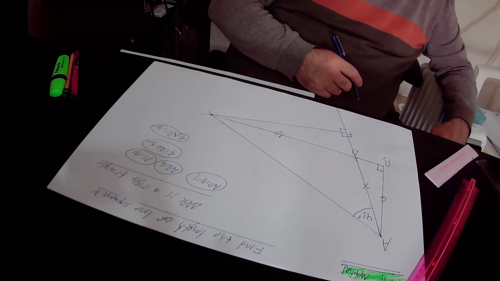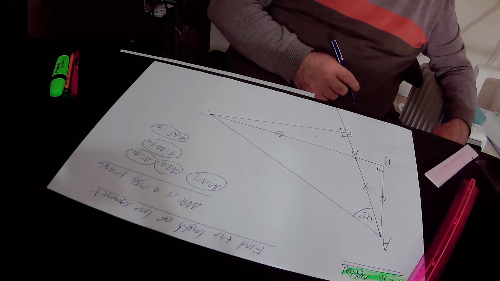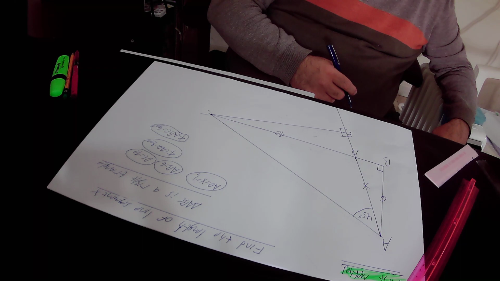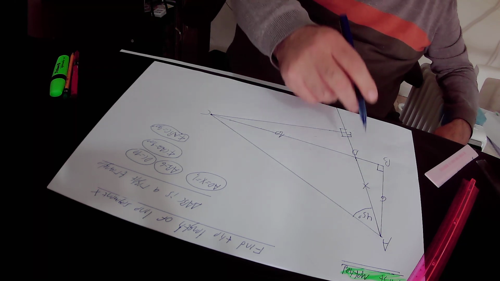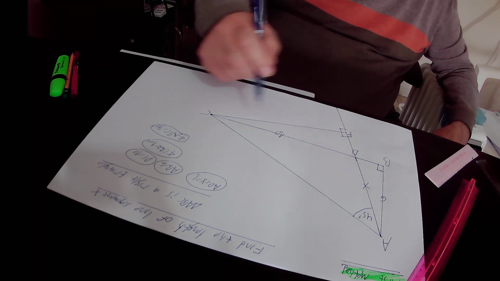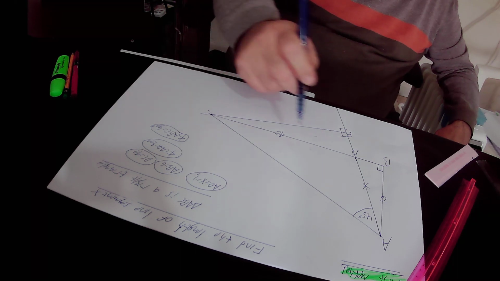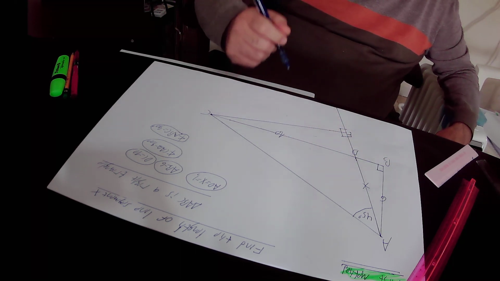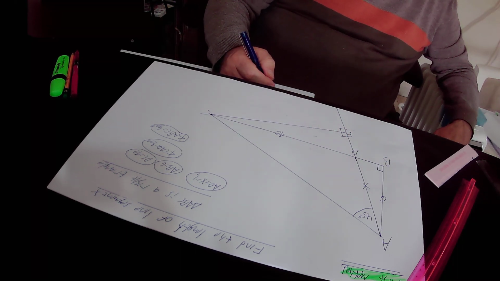And we will focus on the right triangle AEC. In the right triangle AEC, we know that the sum of the angles must be equal to 180 degrees.